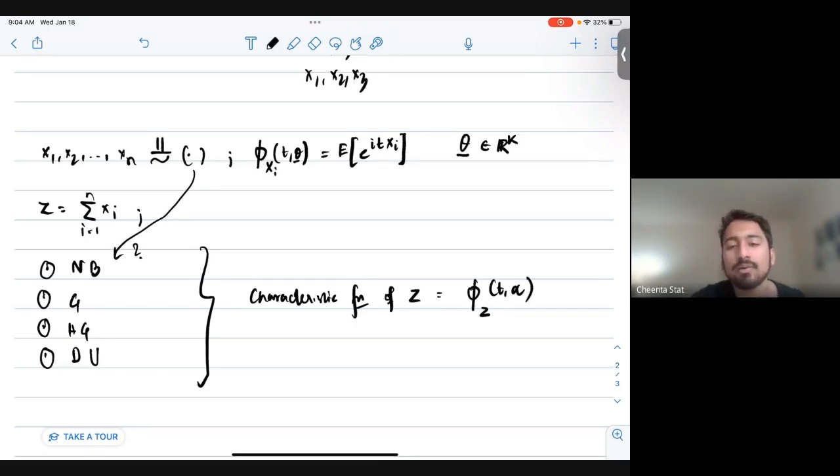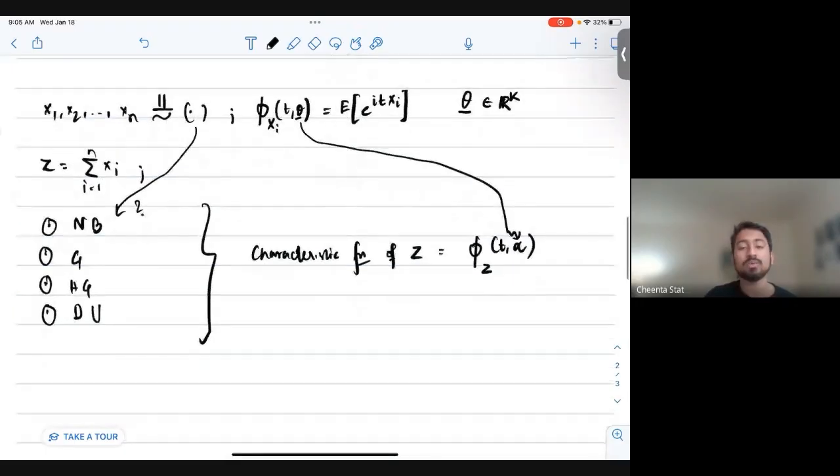So it will have the same format. What it's telling is that instead of this theta, it will be some alpha, but of the same format. That's what it's asking you to prove.